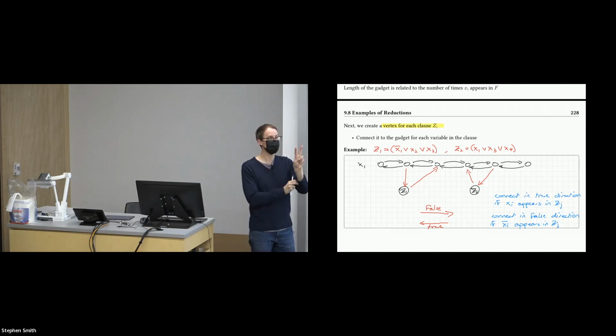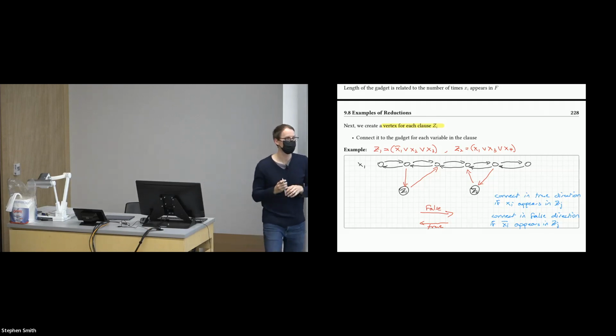Yeah, you need 2 vertices for each clause and then 2 endpoints. Actually, each clause only has 1 vertex. It just gets connected up to all the gadgets. What I was just saying is the length of a gadget is going to be 2 times the number of clauses that a variable appears in, plus the 2 endpoints.